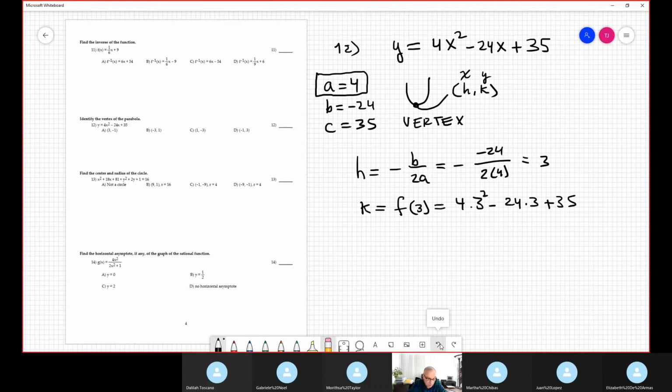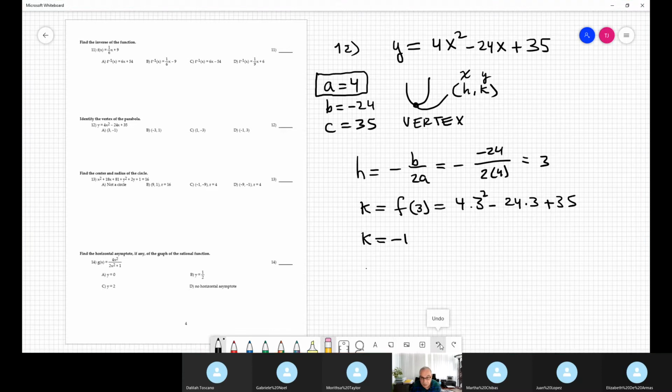Let me try in the calculator, of course. 4x squared minus 24x plus 35, evaluate at x equals 3. Boom, negative 1 is the answer. k is negative 1.